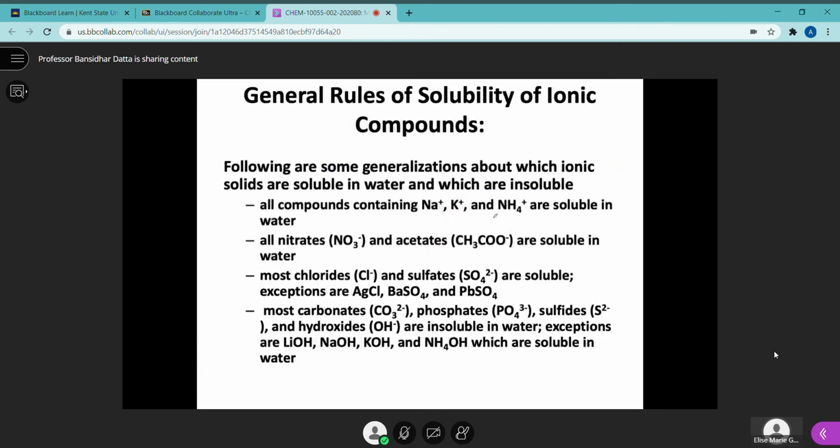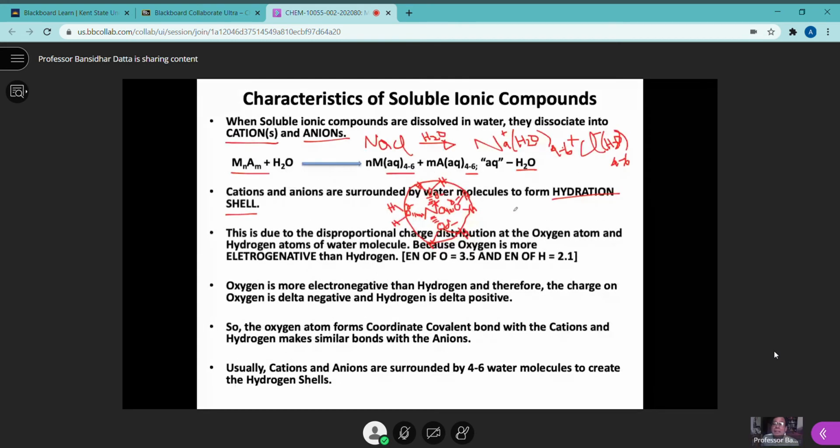So that's the hydration shell. Now, tell me, if you have a Cl minus, how will it coordinate to the water? It's a minus. It cannot coordinate to oxygen, right? So how will it coordinate to the water? Who can give me some idea? In fact, the water molecule has oxygen as delta minus, and hydrogen is delta plus.